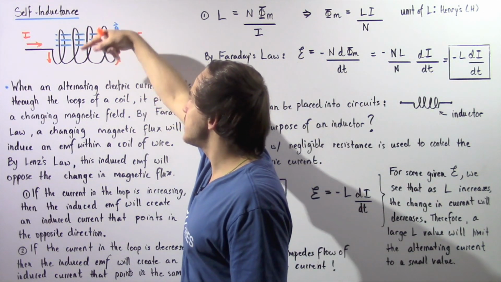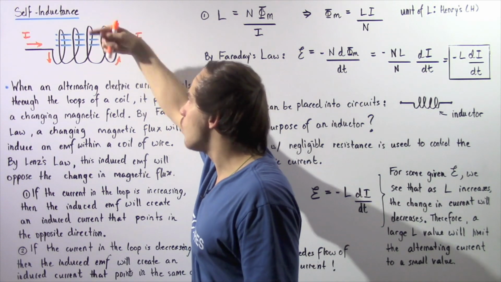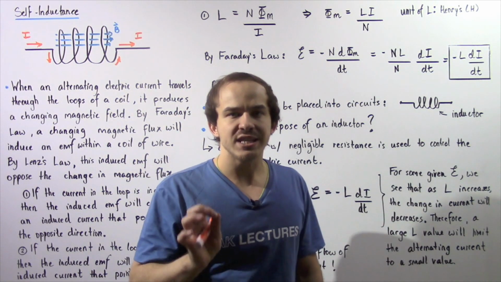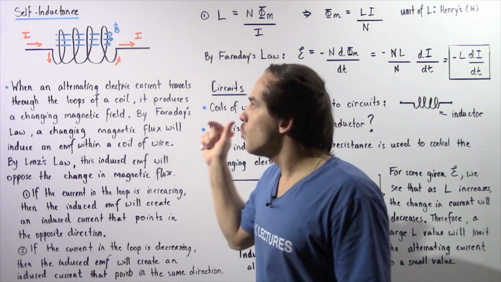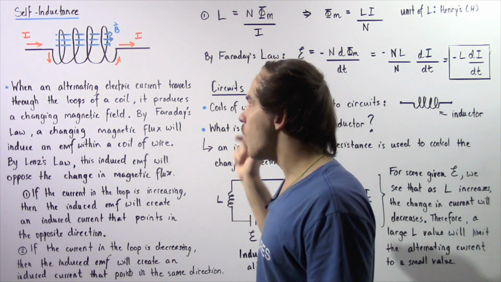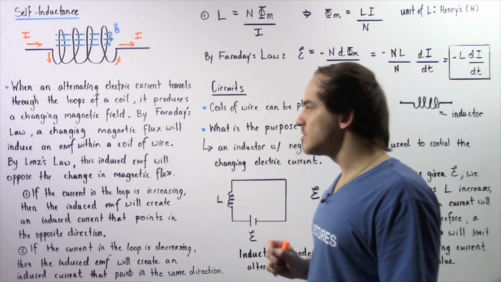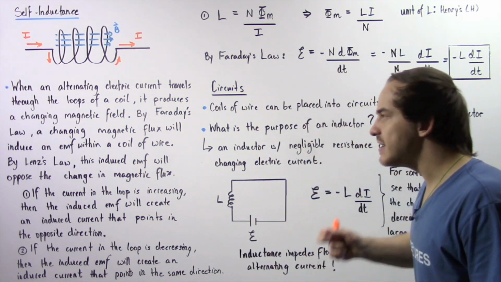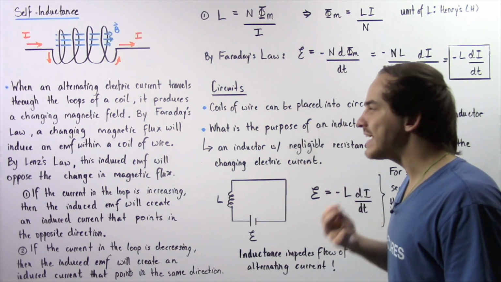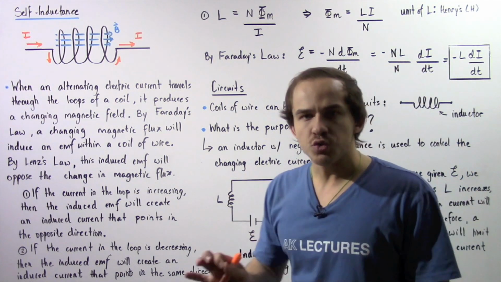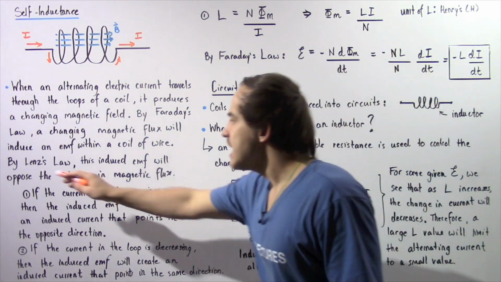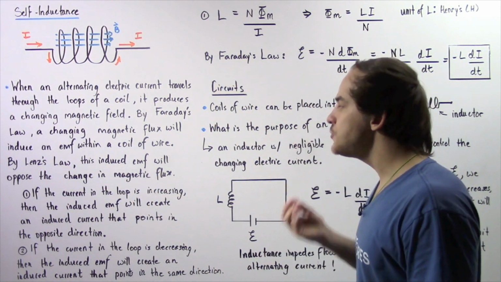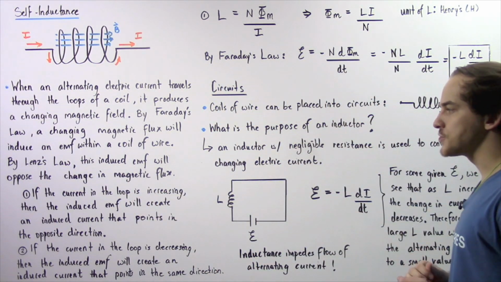So that will induce an EMF within this coil of wire, and that induced EMF will in turn induce an electric current within that loop of wire. Now, by Lenz's law, this induced EMF will create an electric current, called the induced electric current, that will point in the direction that will oppose the change in magnetic flux.